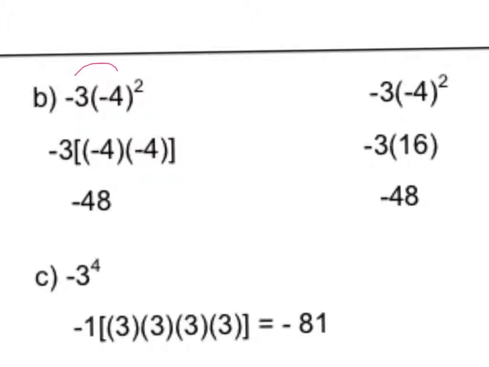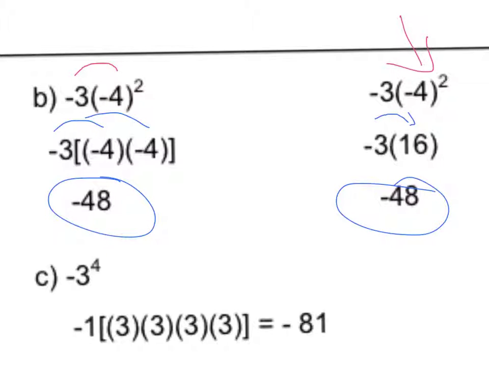Or you can just take negative 4 and square it. Either way, it gives you 16. Okay, and then the last step again is negative 3 times negative 4 times negative 4, or just negative 3 times 16. Regardless, you get negative 48 as your answer.